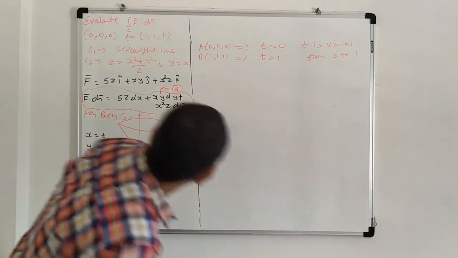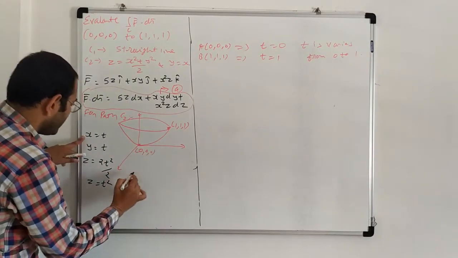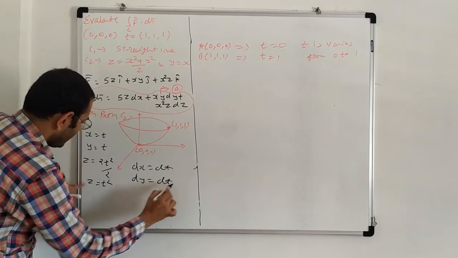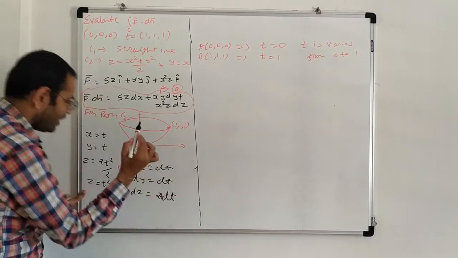Now, according to this equation, here dx equal to dt, dy equal to dt, and dz equal to 2t dt.